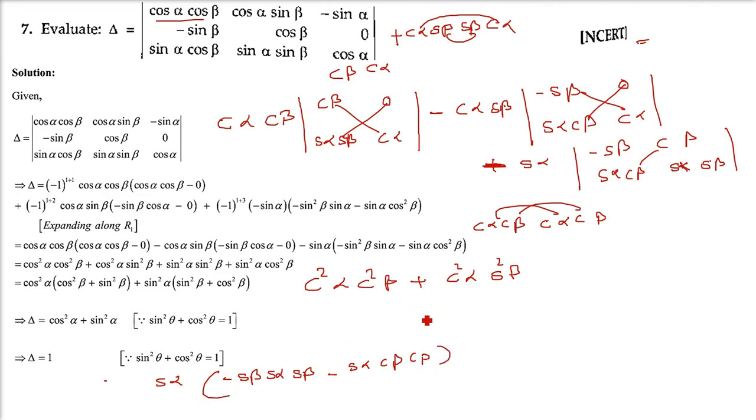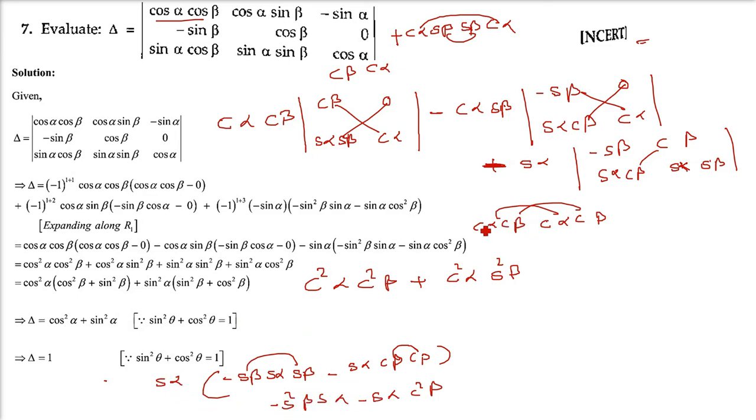Minus this sin square beta, sin alpha. Here we have cos square beta and sin alpha, so sin alpha cos square beta. Already we multiplied it, right? So just multiply sin square alpha.